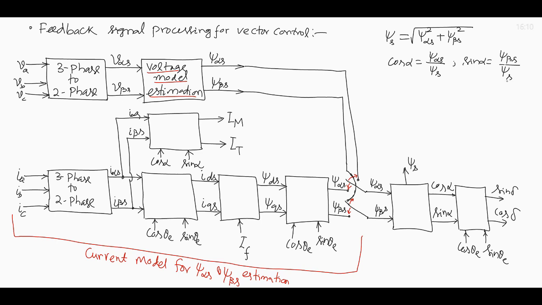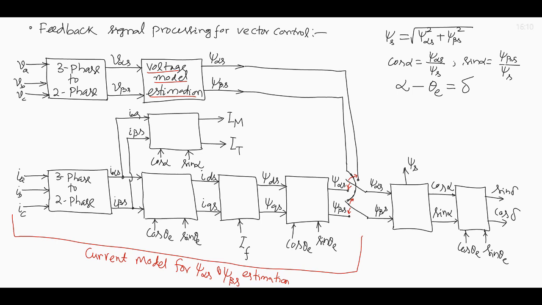So, we get angle alpha, and angle theta e is obtained from the rotor position encoder. There is a position encoder used in the vector control scheme. So, alpha minus theta e is the load angle delta or power angle delta.